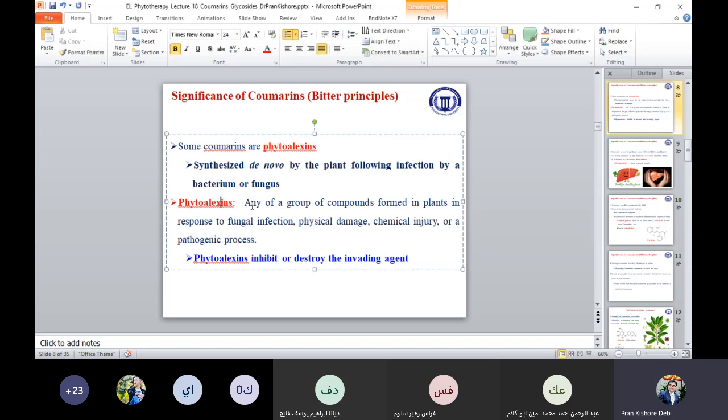They are any group of compounds formed in plants in response to fungal infection, physical damage, chemical injury, or pathogenic process. So phytoalexins inhibit or destroy the invading agent to protect the plant from getting damaged. Can I ask you a question here? Can you tell me the names of 2 or 3 examples of phytoalexins that you have studied in a previous chapter?